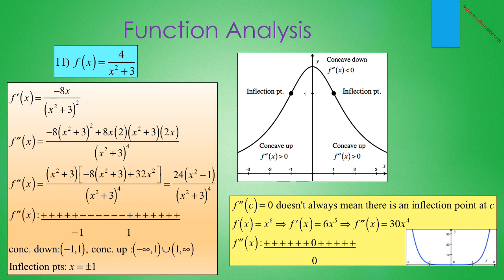For instance, if f of x equals x to the 6th, f prime of x is equal to 6x to the 5th, and f double prime of x is equal to 30x to the 4th. Setting that equal to 0, we get x is equal to 0. But the sign of f double prime of x to the left of 0 and to the right of 0 is still positive. There is no inflection point at x is equal to 0.